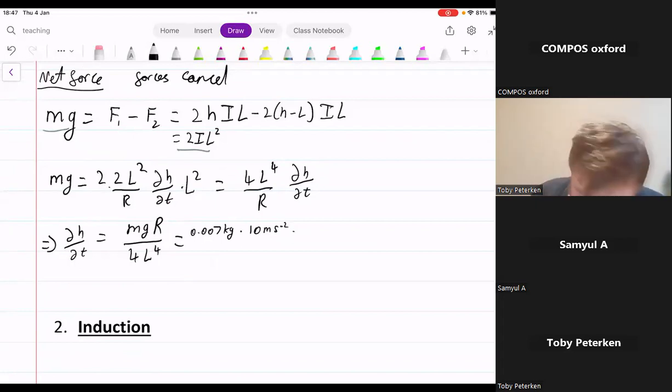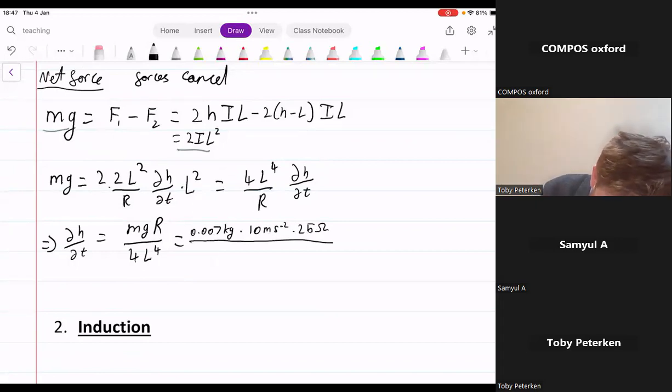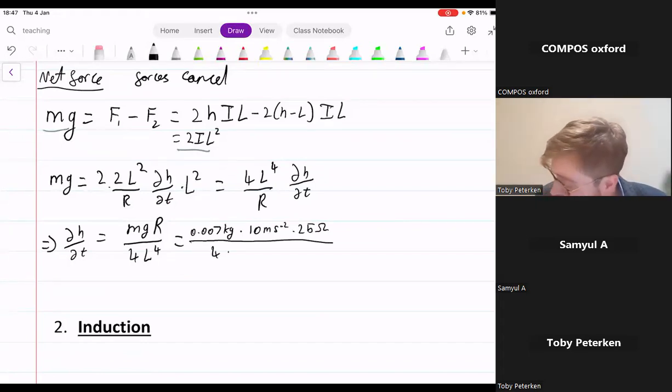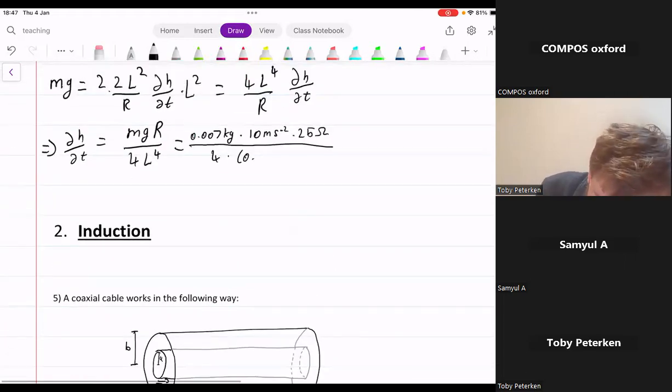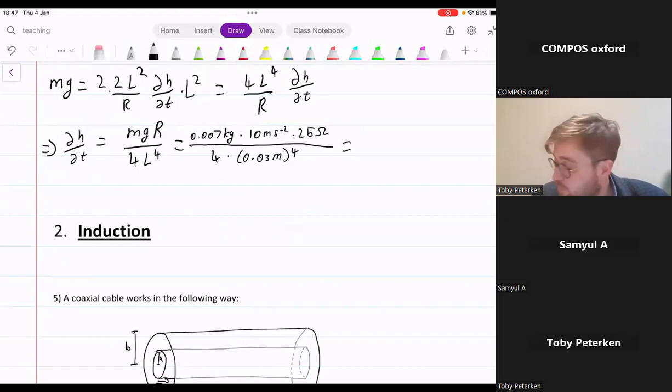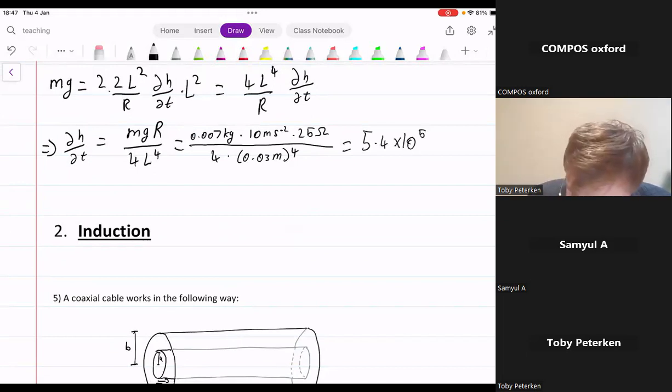Resistance was 25 ohms, divided by 4 times L, which was 3 centimeters, or 0.03 meters, and all of that to the 4. And we end up with, if I've typed everything correctly, 5.4 times 10 to the 5 meters per second.